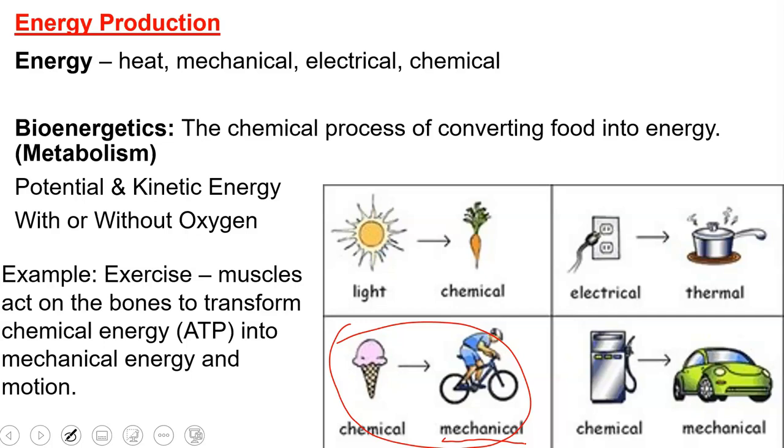And in the chemical form, this exists as potential energy. When we break the ATP bonds and we use that energy to form mechanical energy, then we are actually exhibiting kinetic energy.